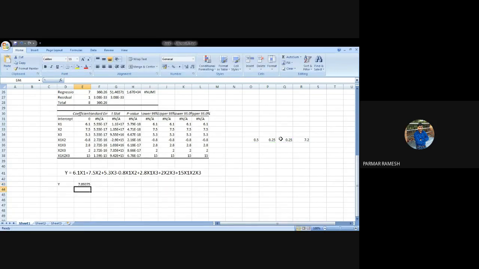So the value obtained is 7.09. It is close to the practical value. The practical value obtained is 7.2.